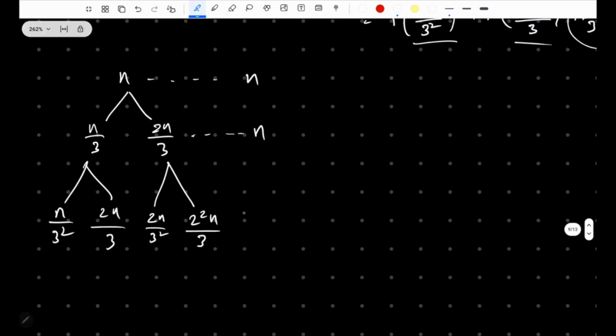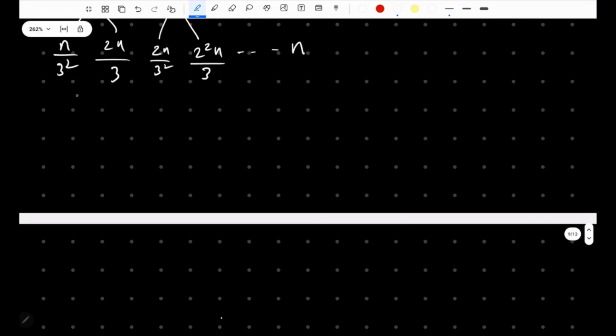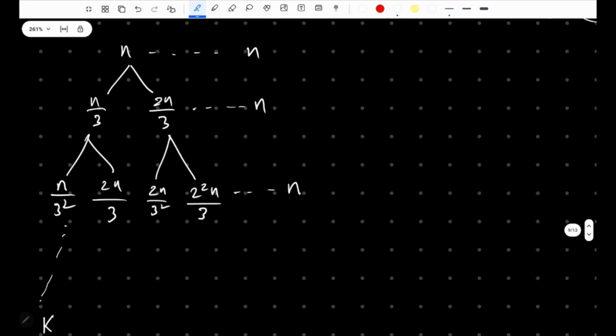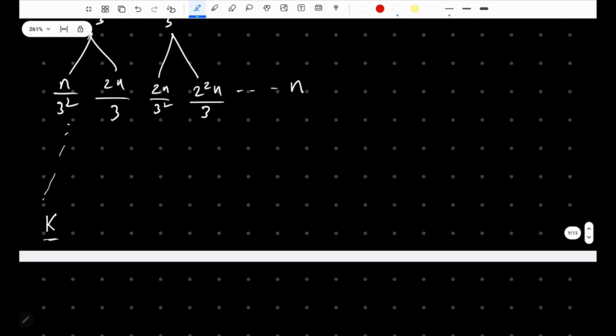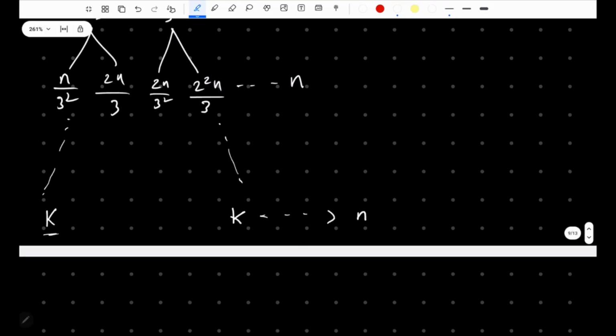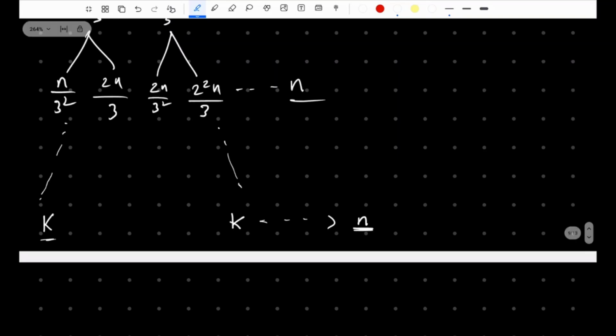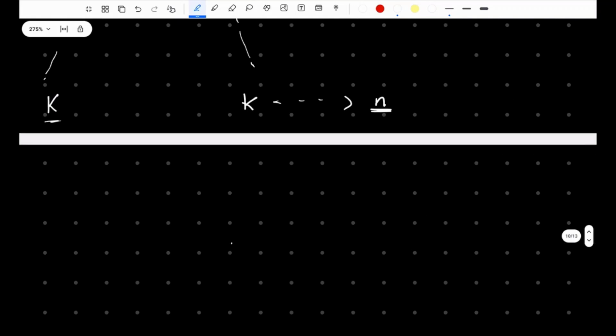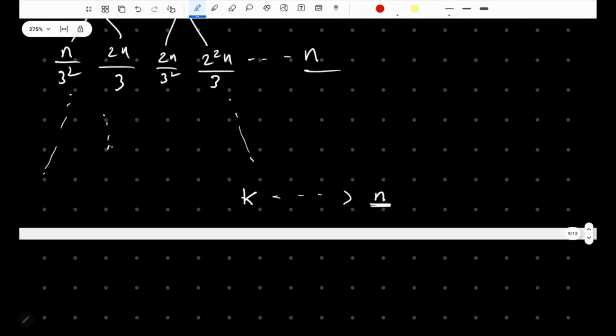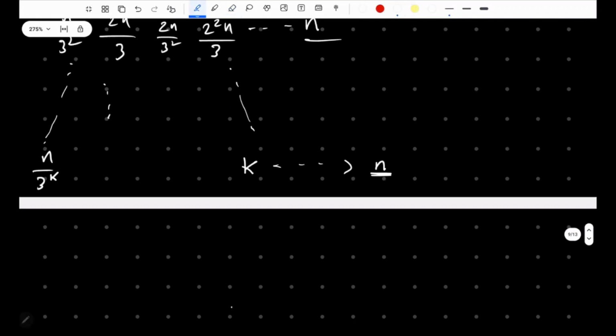Here also the cost is n, and here also the cost is n. So how many times will I do it? I will do it k times. I will go on doing this k times. This will also be n because this is n, this is n. So if I go on doing this k times, it will be n by 3 to the power k.